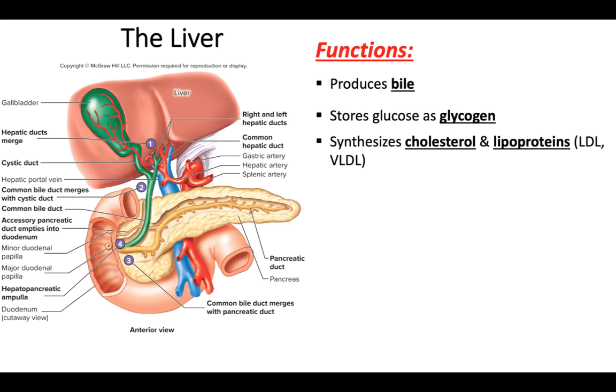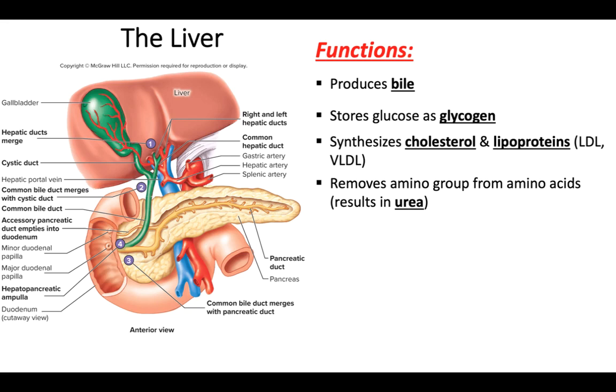So we package them with protein. The ones that transport cholesterol from the liver are called low-density lipoproteins, or LDL. The ones that are transporting triglycerides are called VLDL, very low density. But we'll revisit those in a little bit.